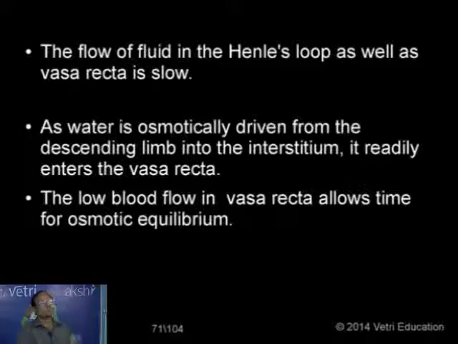As the fluid is moving very slowly in the descending limb, and the blood is also moving very slowly in the vasa recta, that slow movement allows the passage of water easily from the descending limb to the vasa recta, that is the capillary network. So that is responsible for maintaining the osmotic equilibrium. This slow movement of blood and the slow movement of filtrate is responsible for maintaining the osmotic equilibrium.